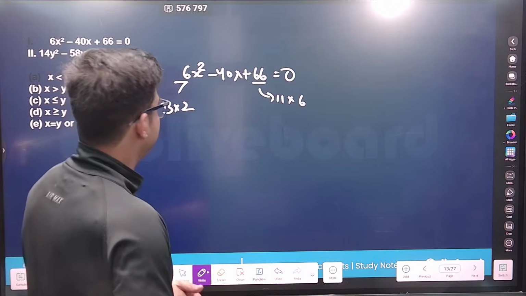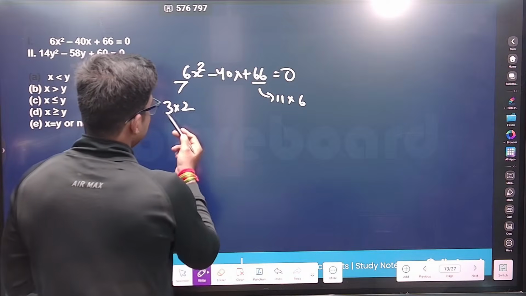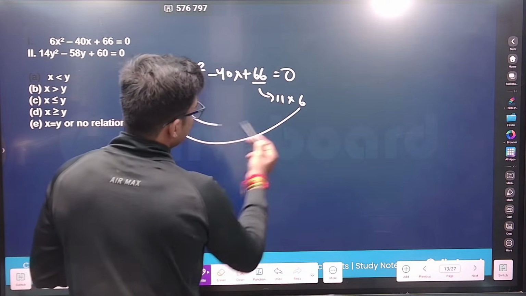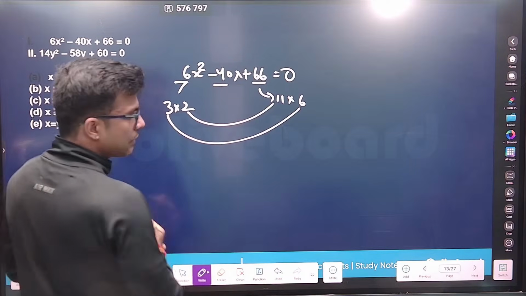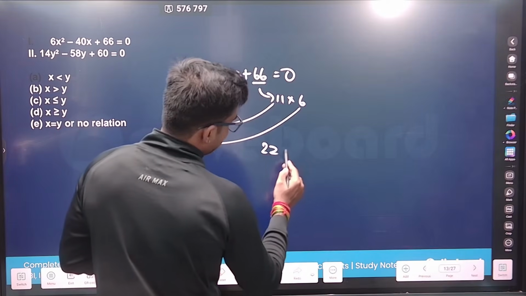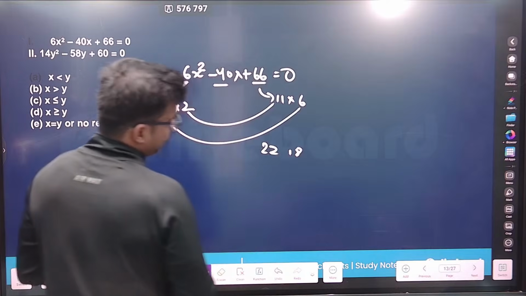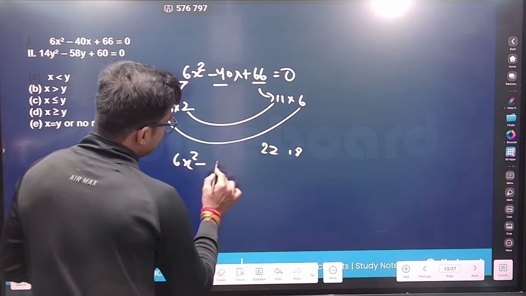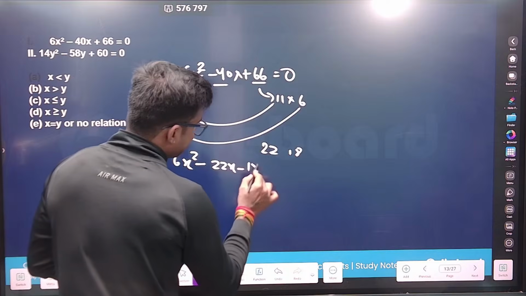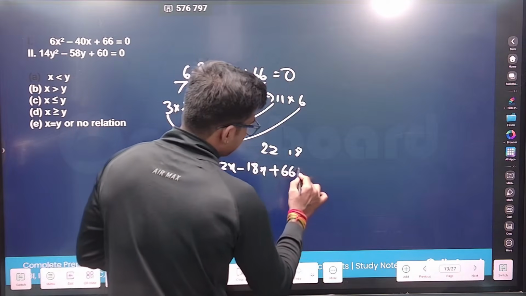That's up to you. Now see, 6 3s are 18, 11 2s are 22. 22 and 18 gives you 40. So that would be 6x square minus 22x minus 18x plus 66 is equal to 0.